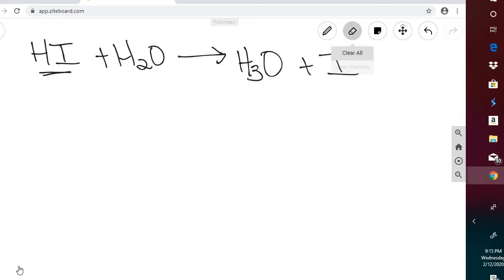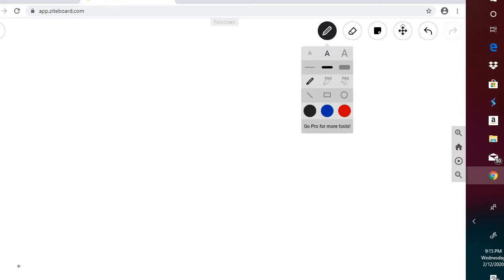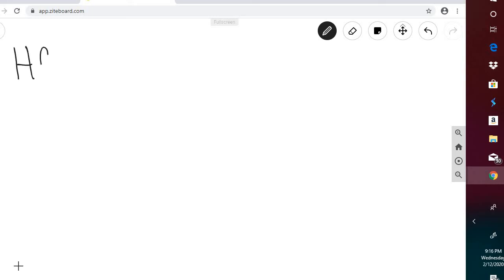Okay, then number 3 is a series of chemical reactions. We're asked to write the reaction. So A is HCl and NH3. Okay, so right away you should recognize that NH3 is the base and the HCl is the acid.